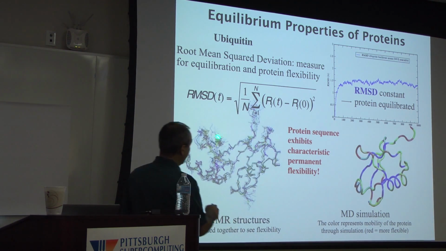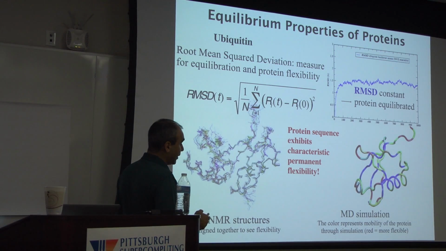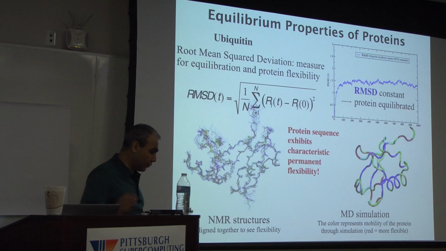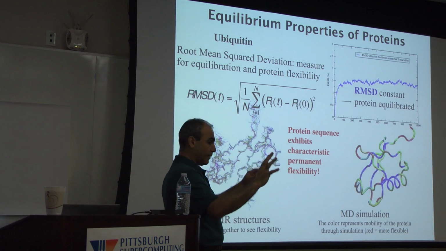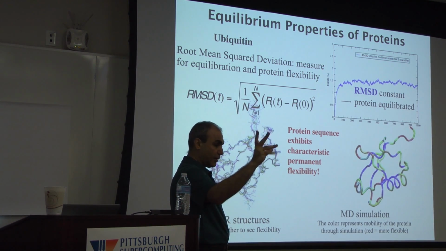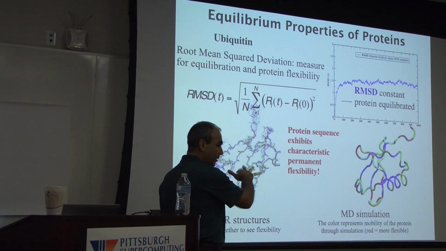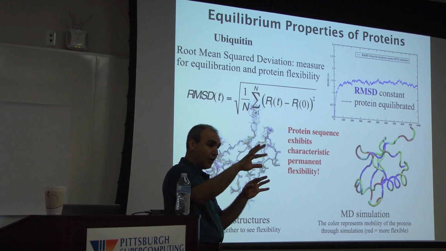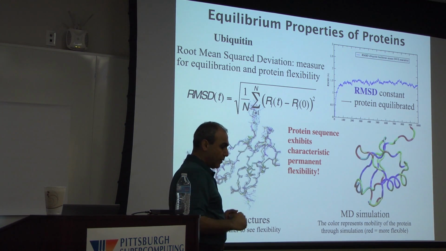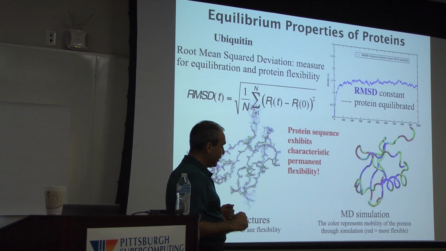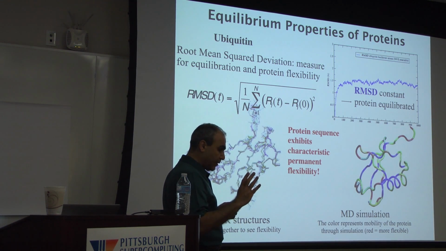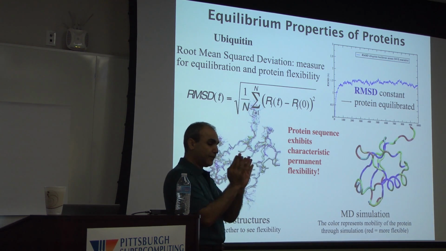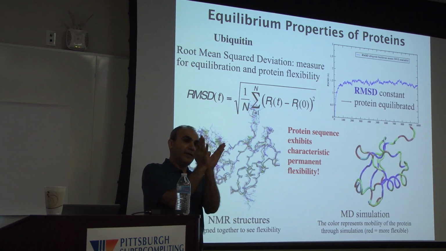So RMSD is good, but you can actually do this differently. When you do RMSD, you superimpose, again, your protein might start here, shaking, and at the same time moving. You superimpose the entire protein on the initial conformation and see how much it internally changed. Now that maybe doesn't quite capture the motion between the domains of the protein. Let's say initially I was like this, at the end I was like that.